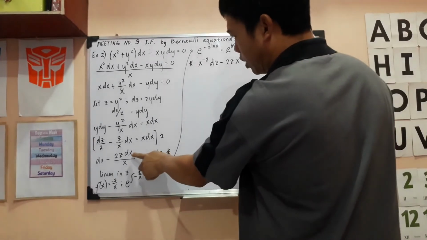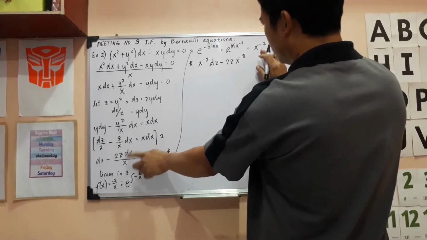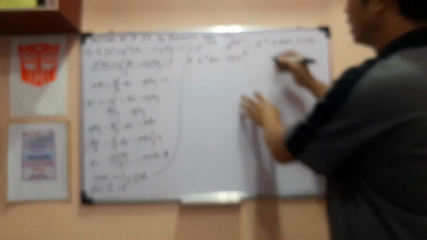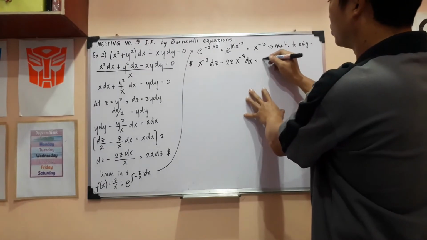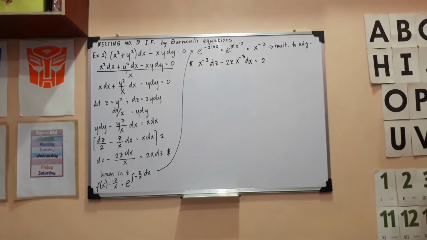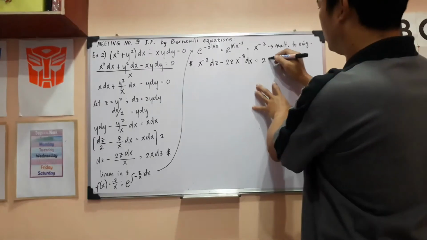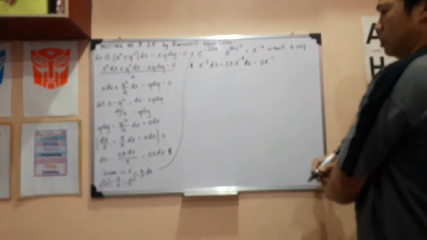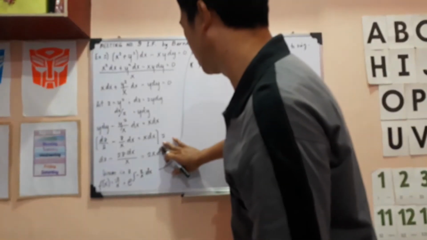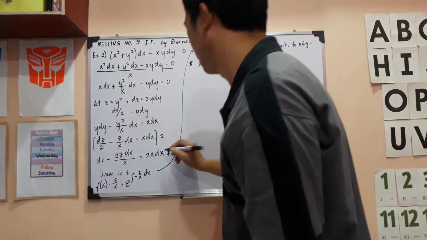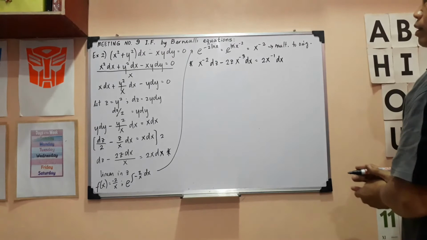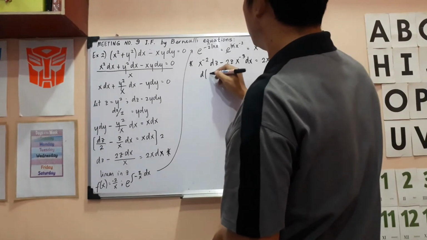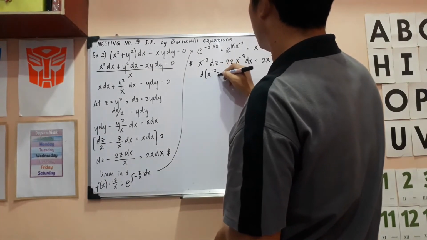Kasi ito ay negative 1, di ba? So multiply by negative 2, magiging negative 3. Okay. And then dx. And then is equal to 2 x raised to negative 1 dx. So this is the derivative of x raised to negative 2 and z.